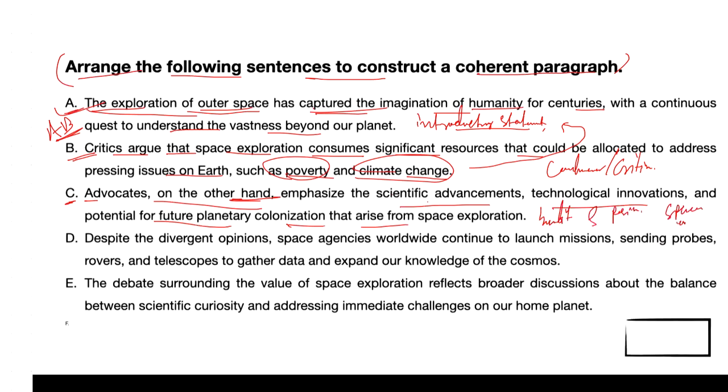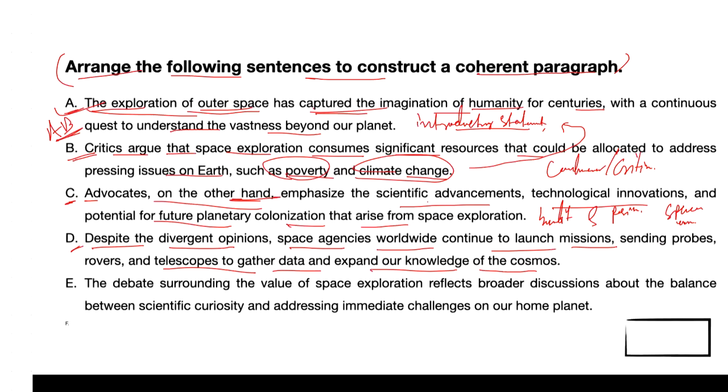At the same time, if I talk about sentence D, that follows sentence C, as it describes the continued efforts of space agencies worldwide to launch missions. It is stated: despite the divergent opinions, space agencies worldwide continue to launch missions, sending probes, rovers, and telescopes to gather data and expand our knowledge of the cosmos. So sentence D follows sentence C, as it describes these efforts despite the debates and different opinions.